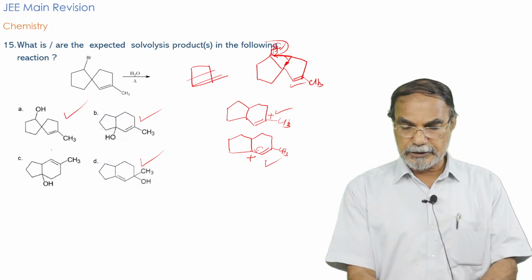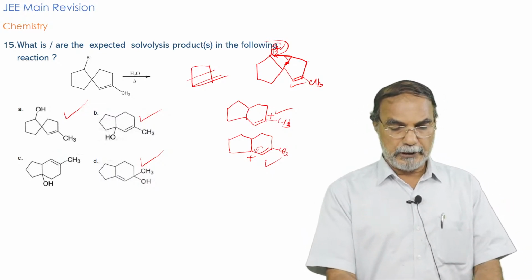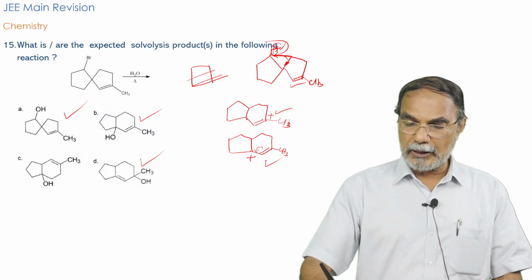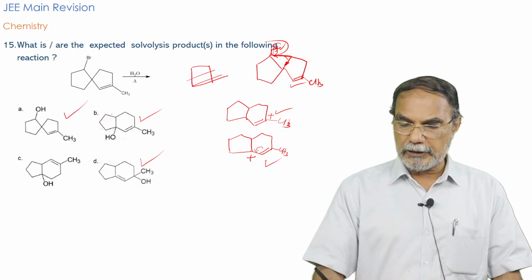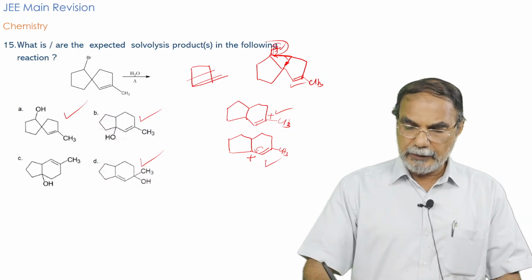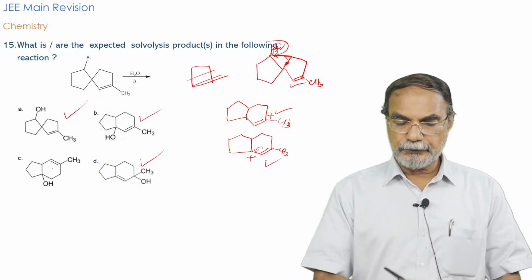So there is no possibility of the product C in this reaction, because these are the only 3 carbocations you have, the original carbocation and the rearranged carbocations, and A, B and D are the products from these 3 carbocations.